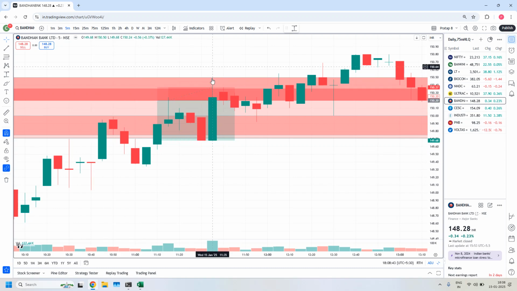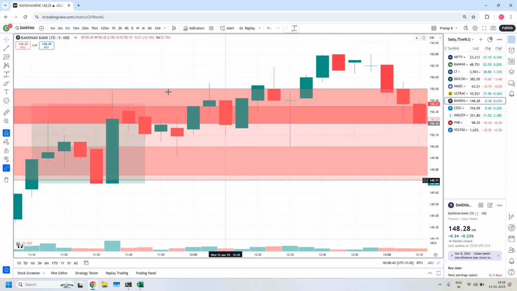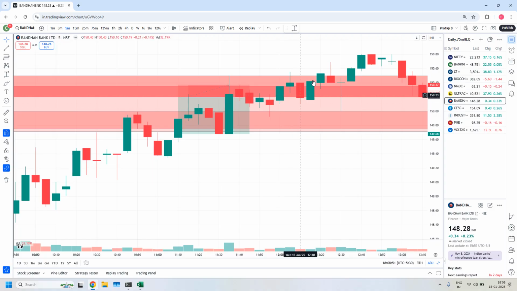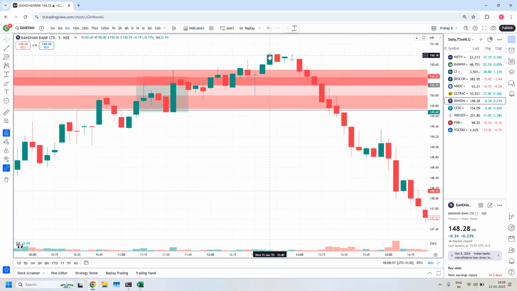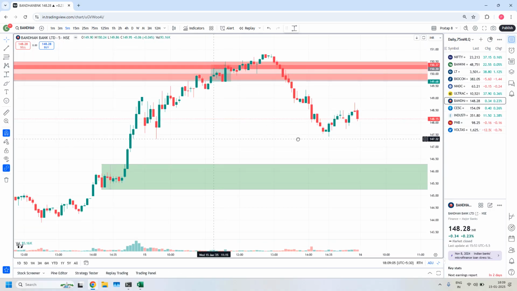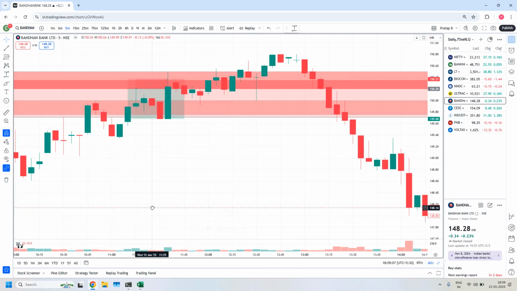Again prices moved and this zone is violated. And the entire 75-minute zone also slightly pierced. And here the 75-minute zone is completely violated. After that prices came down, there could be some trap here that might be holding the prices and pushed it down. But okay, let us focus on the fine-tuned 5-minute zone.